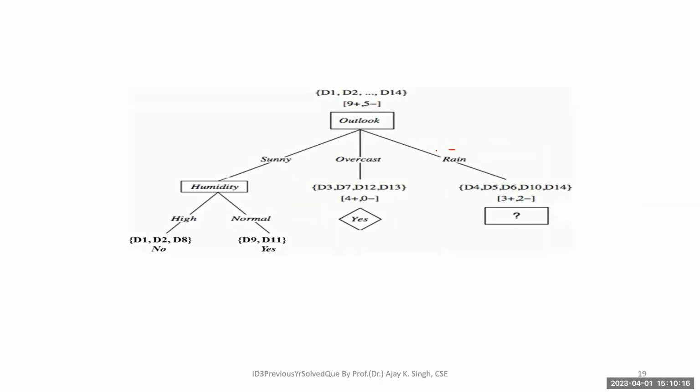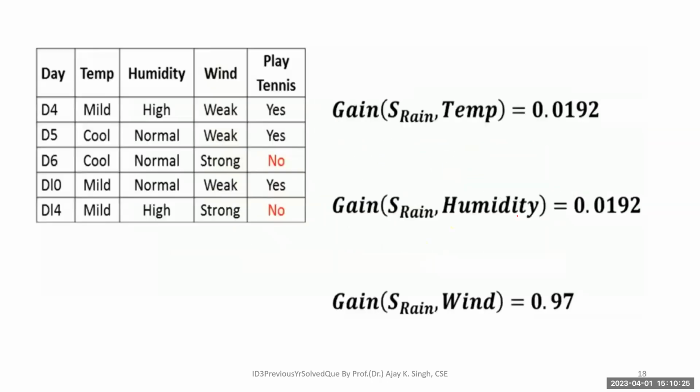Next, here we are going to calculate this rain. For this particular rain, we are going to put this wind, because wind is going to have higher gain. So in this way, we can create the decision tree. So I think let's stop over here. All of you are getting this?